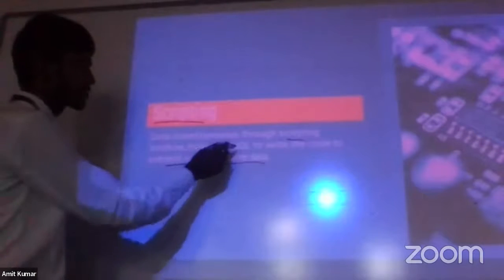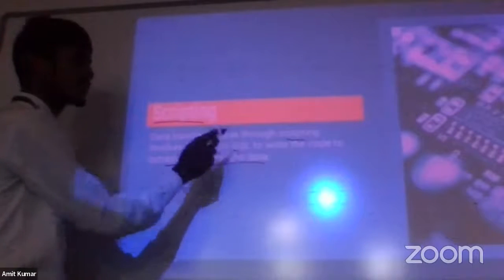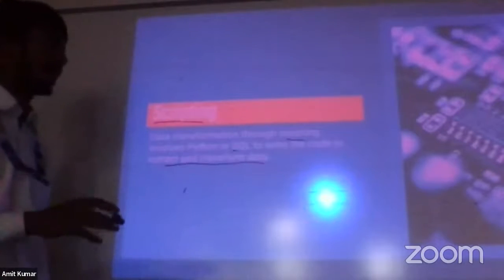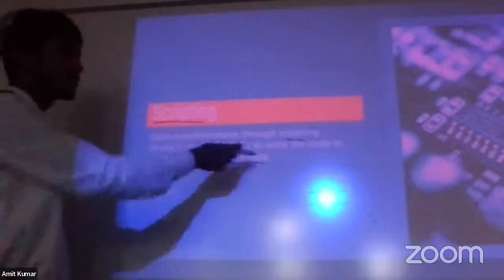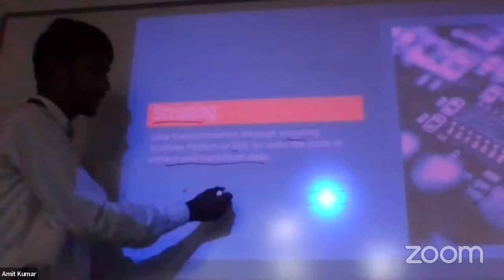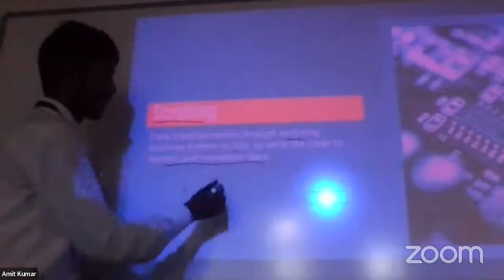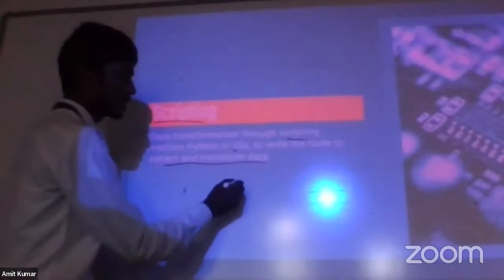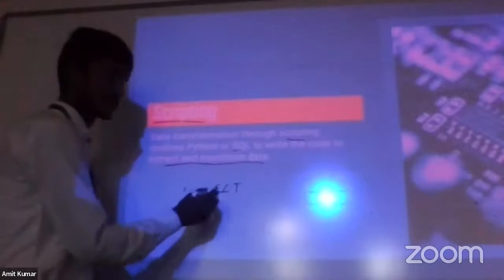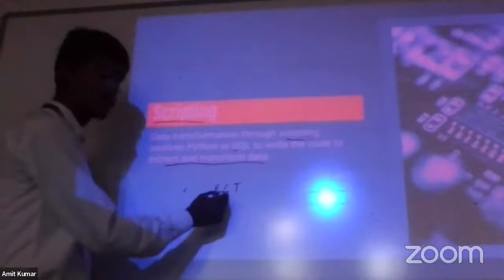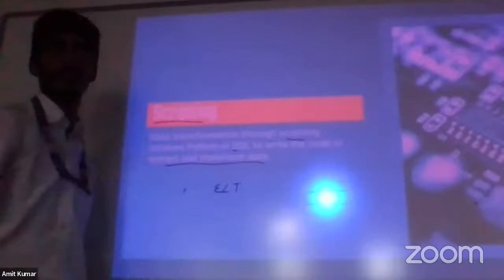Therefore, we use SQL or Python. It's the easiest method, because Python is a coding language that helps in extracting and in ETL, just like Raja said. ETL full form: Extract, Transform, Load.